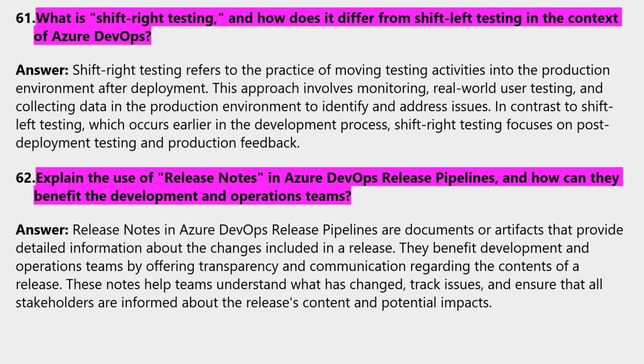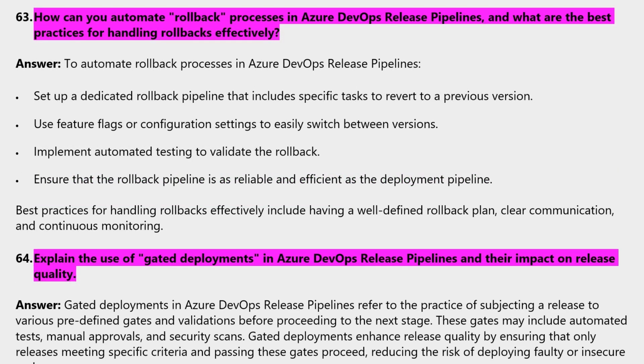content and potential impacts. How can you automate rollback processes in Azure DevOps release pipelines, and what are the best practices for handling rollbacks effectively? Answer: to automate rollback processes in Azure DevOps release pipelines, set up a dedicated rollback pipeline that includes specific tasks to revert to a previous version.